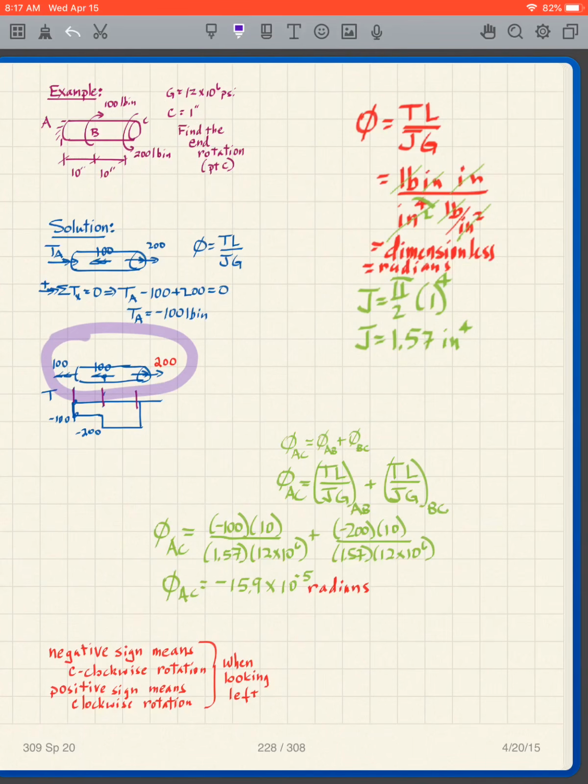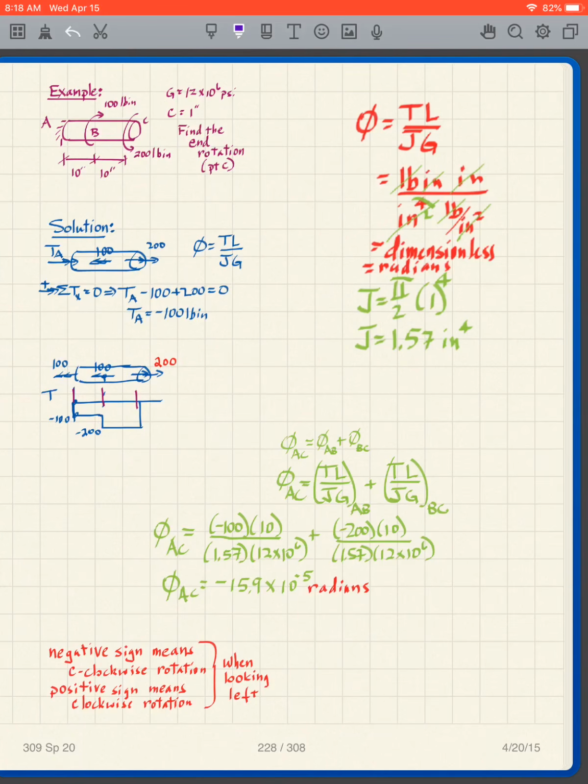In these problems, you're going to need to draw a torque diagram that is similar to the simplest shear diagram you can ever get. All you need to do is remember: if this is going to the left on the torque diagram, I go down. This is going to the left, I go down. This is going to the right, I go up. Okay.